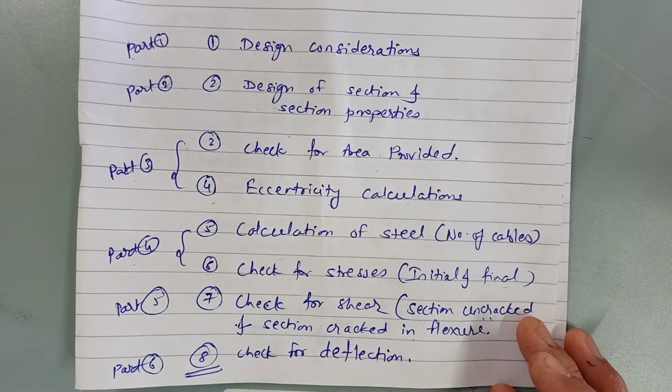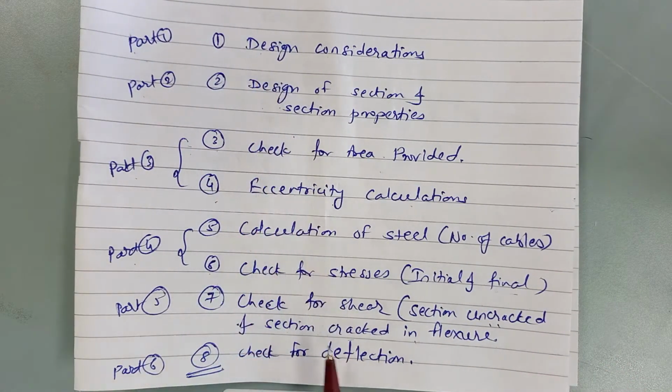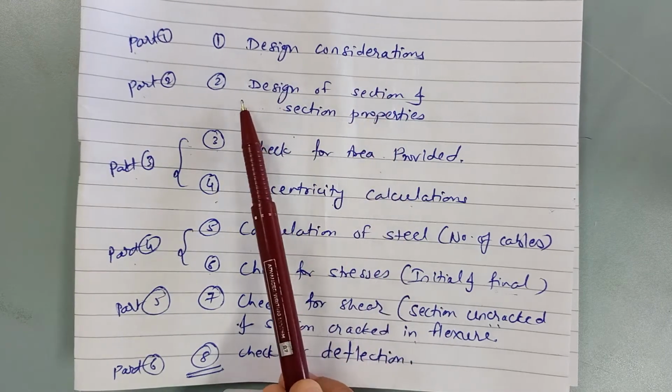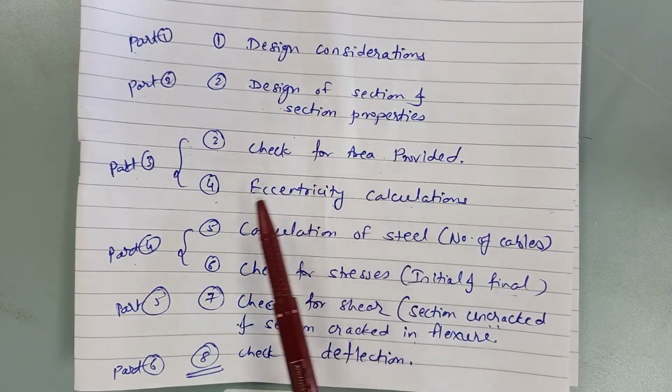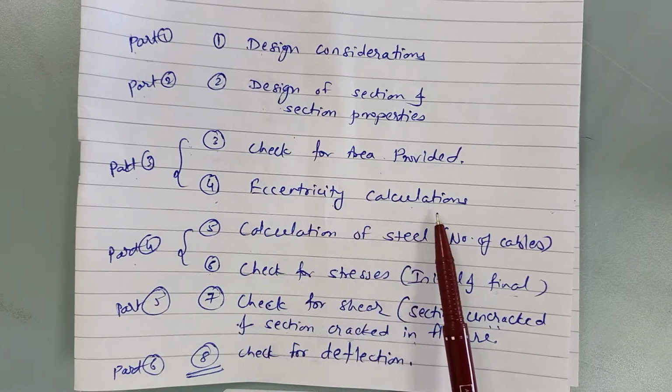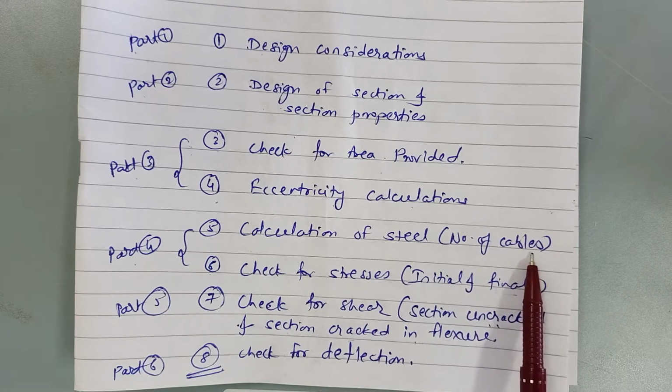Before moving, just have an overlook. These total 8 steps we have covered till now in a total of 6 parts of videos. Step 1, design consideration. Step 2, design of section and properties. Step 3, check for area provided. Step 4, eccentricity calculation. Step 5, calculation of steel, that is number of cables.